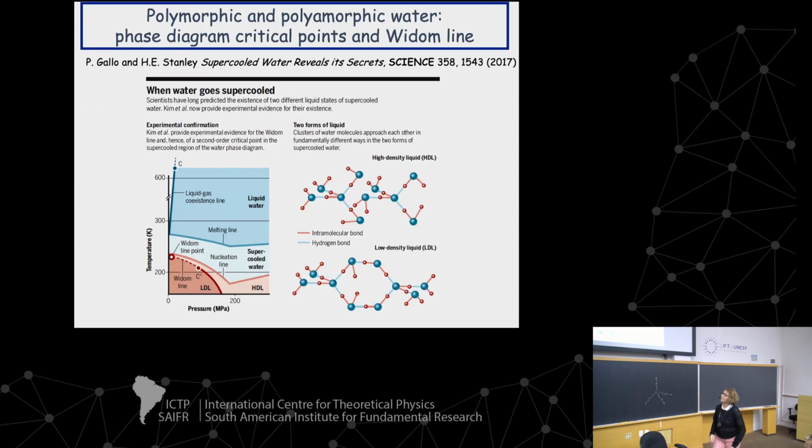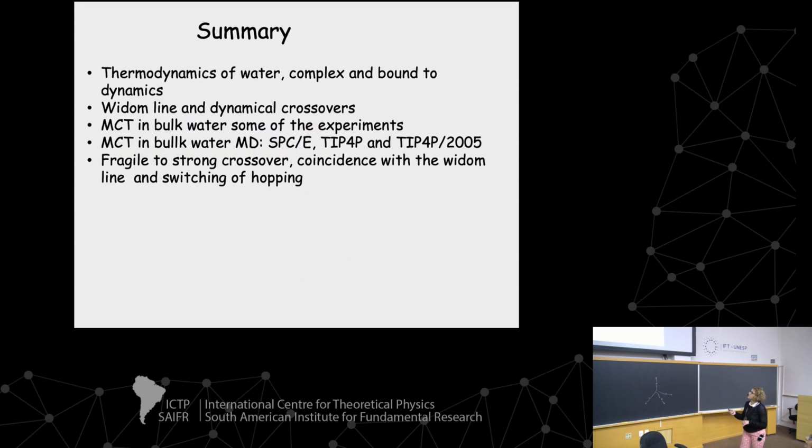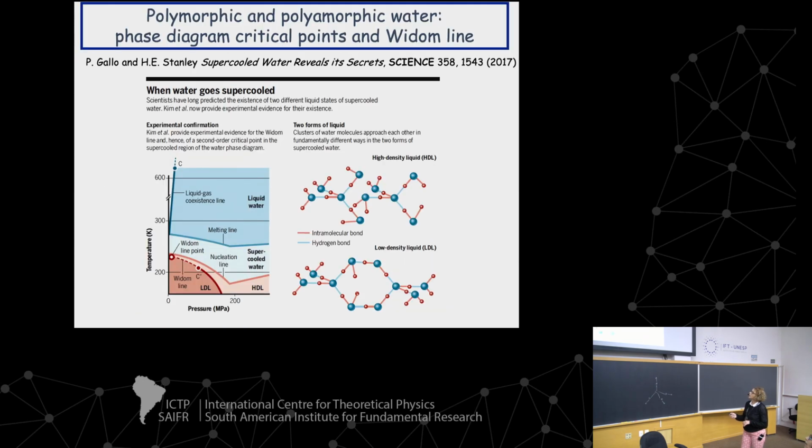So let me recap what I told you yesterday about the fact that water is polymorphic and polyamorphic, and water has this interplaying structure in the liquid. It can stay in a high-density liquid configuration and a low-density liquid configuration.